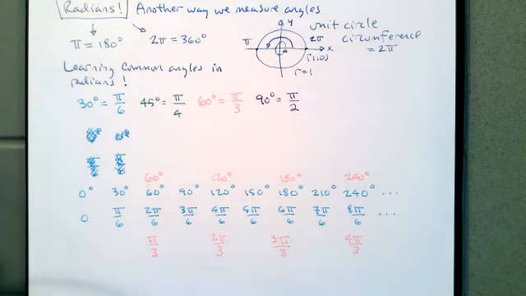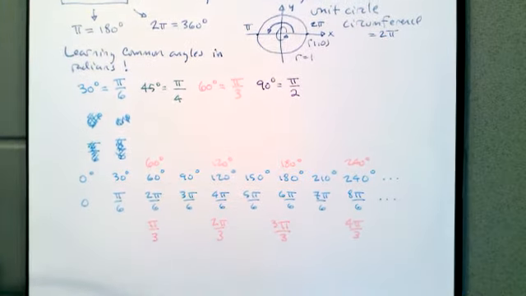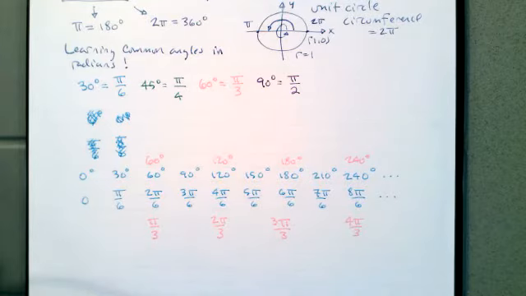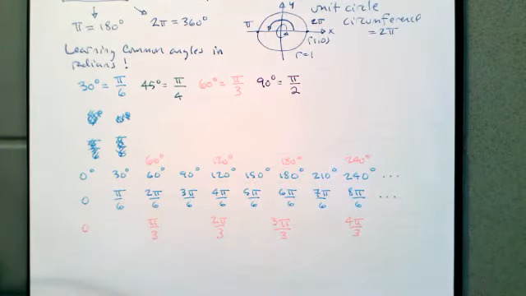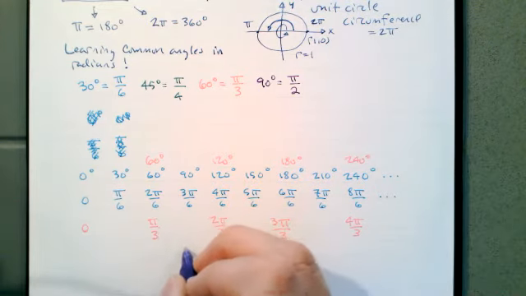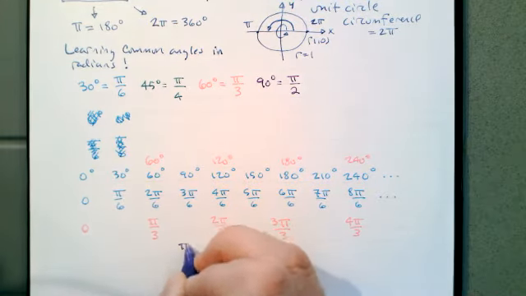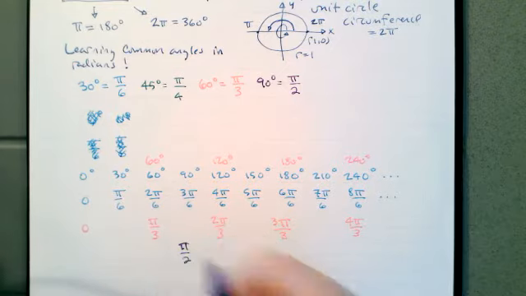So counting through by the 60s, it's just the simplified even multiples of 30. Still have 0 at the start. We can also notice that the 90 shows up because we got 3 pi over 6, and that's just pi over 2 when we simplify it.